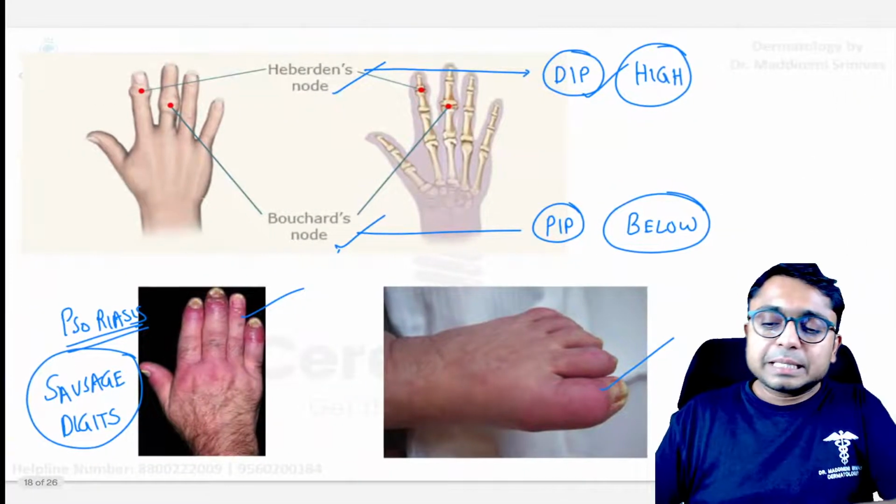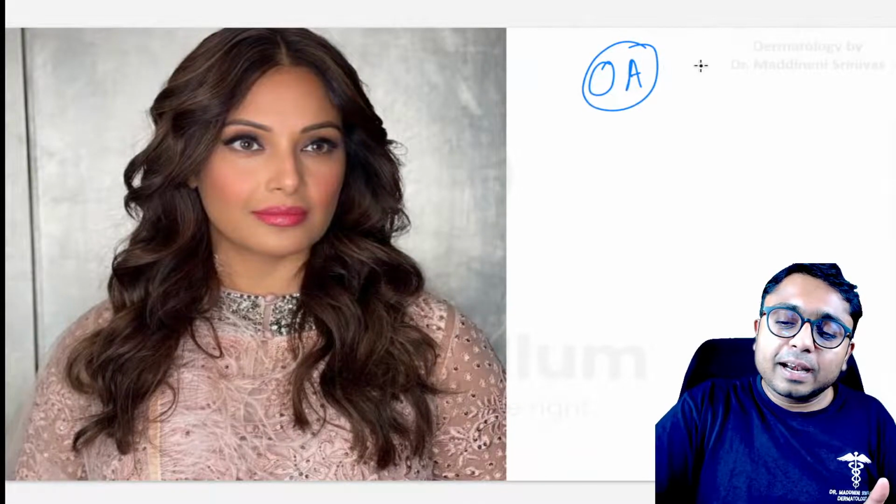So there is one simple trick for you to remember the Haberden's and Bouchard's nodes with the help of this famous celebrity. I hope you know who this is. Bipasa. Okay, you are looking at the HD image of Bipasa.